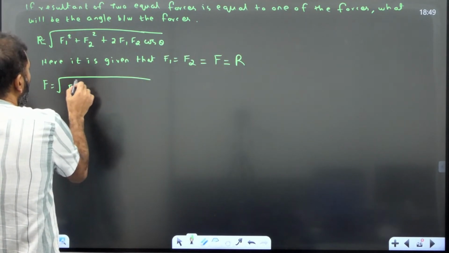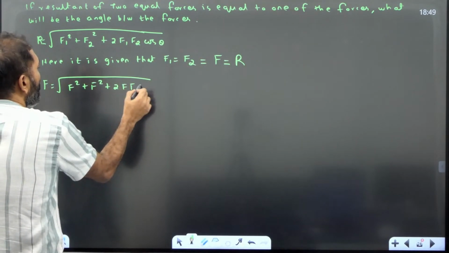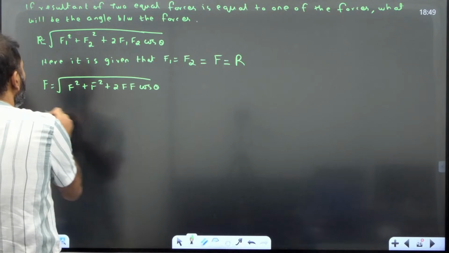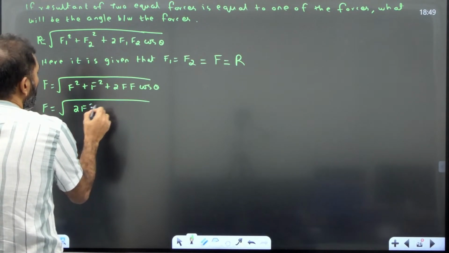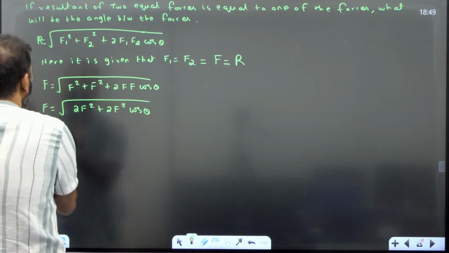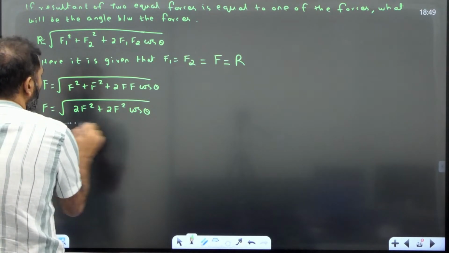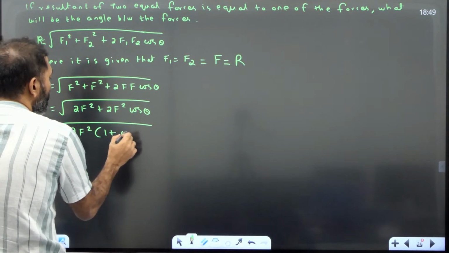F equal to root of F square plus F square plus 2 F F cos theta. Any doubt? So F is equal to root of 2F square plus 2F square cos theta. If you take 2F square common, F is equal to root of 2F square into 1 plus cos theta.